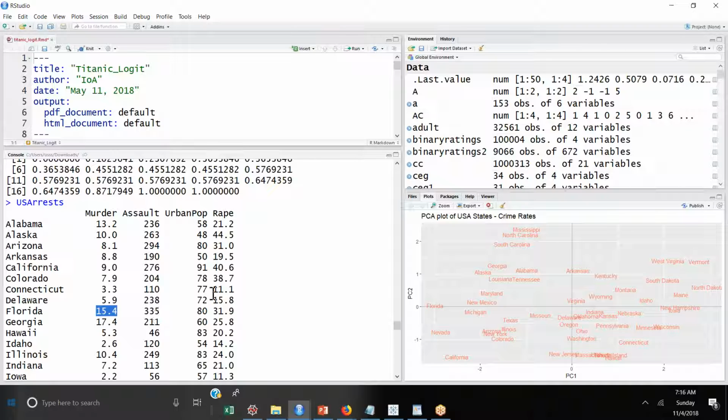Now, I'm not saying Florida is here only because Florida is the maximum. That's only part of the story, because you remember everything has to weigh in, right? All these four have to weigh in to get the PC1. But in the standardized data, it is a negative value.